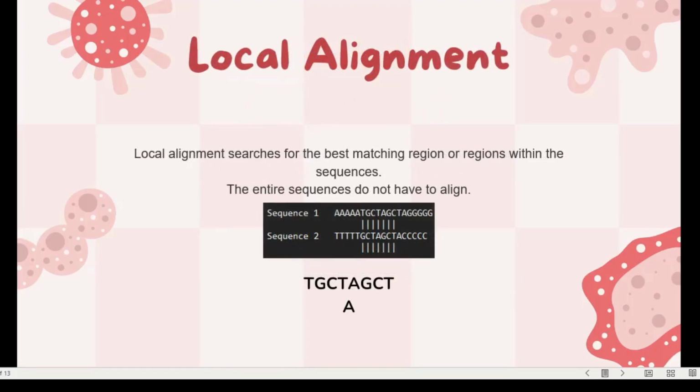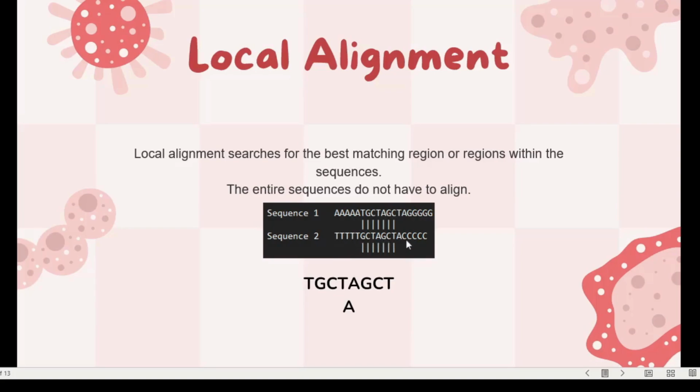In local alignment, we search for the best matching region or regions within the sequences. So here you can see, look closely at the sequence between these two sequences, TGCTA, GCTA.